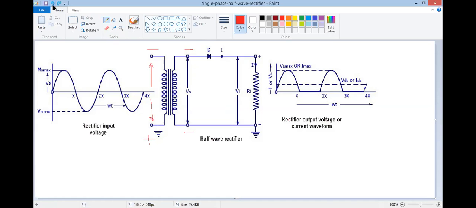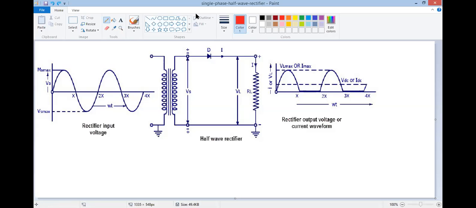The first circuit, which is like this, similar to whatever you are seeing in front of the screen, this will be your first circuit. Second circuit, that is in positive half cycle of input, your diode is forward bias, so it is short circuit like a wire, so current is going. In negative half cycle of input, your diode is reverse bias, hence it is open circuit, means wires are not attached, hence current is not going, the output is 0.